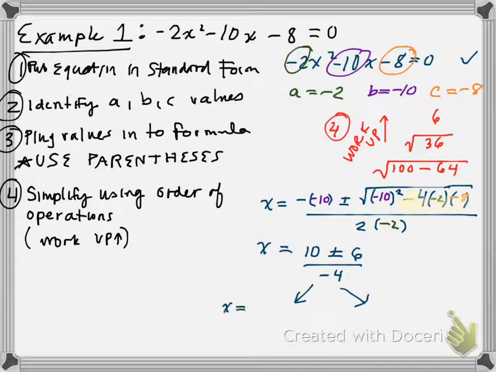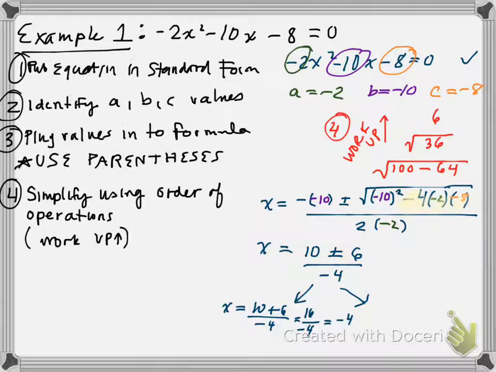So in one, I'm going to get positive 10 plus 6 over negative 4, which is 16 over negative 4, which is negative 4.